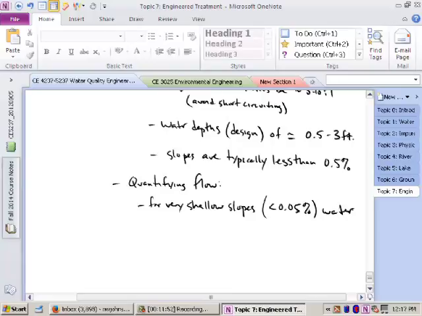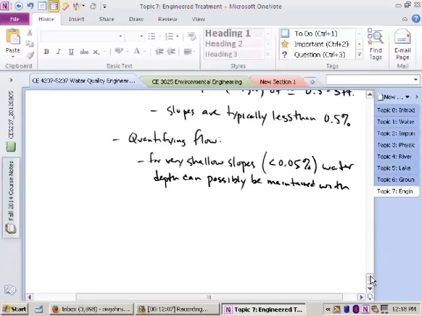Water depth can possibly be maintained with friction, gravity, balanced flow, and friction, gravity, balanced flow is sort of a Manning type situation.